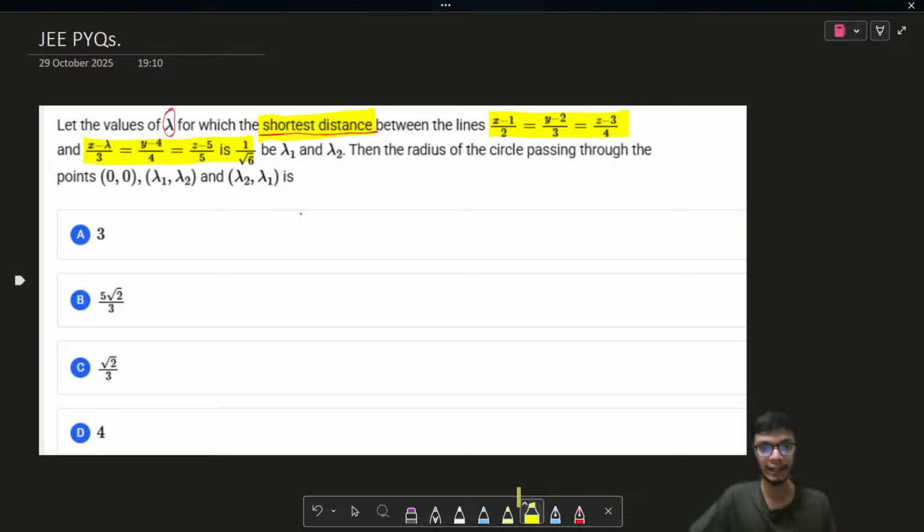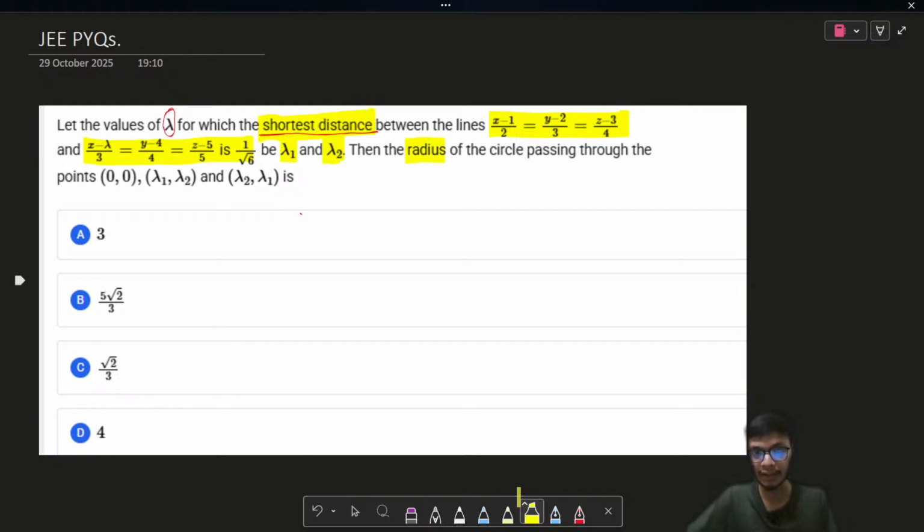It says let the shortest distances between the lines be lambda 1 and lambda 2. We'll come to what this means in a minute. It might happen that the lines may sometimes have two shortest distances. You will try to solve this problem and see that this is a question where a line may have two shortest distances.